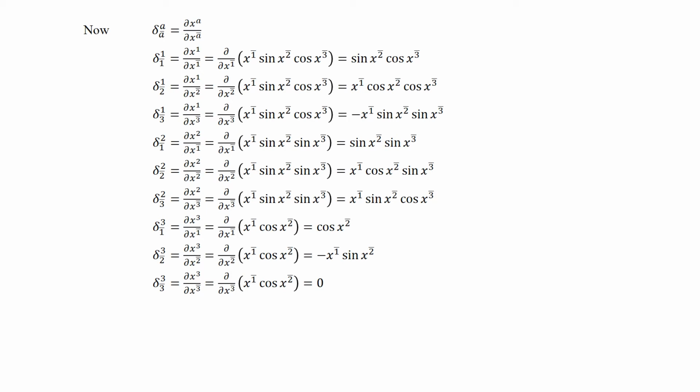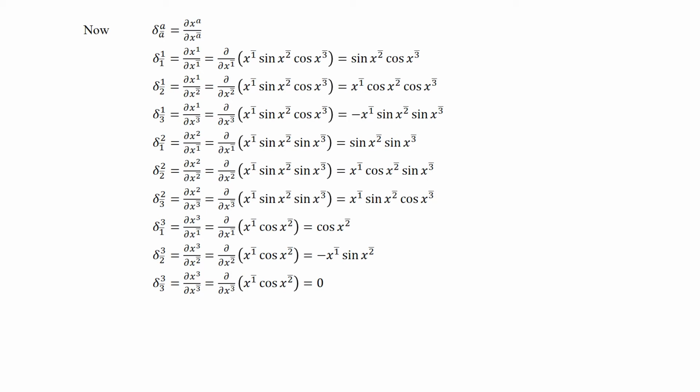And again, in equation number 7, we have delta 3 1 bar is equal to partial x3 partial x1 bar. We are taking the derivative of the third term. Okay, so we are on equation number 7. Delta 3 1 bar is equal to partial x3 over partial x1 bar. Actually x3 is z, which is equal to r cos theta.